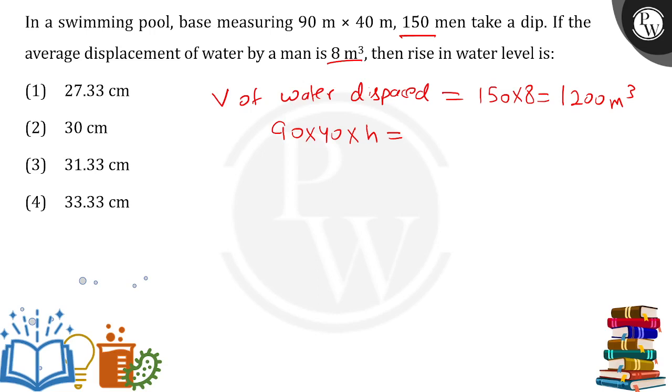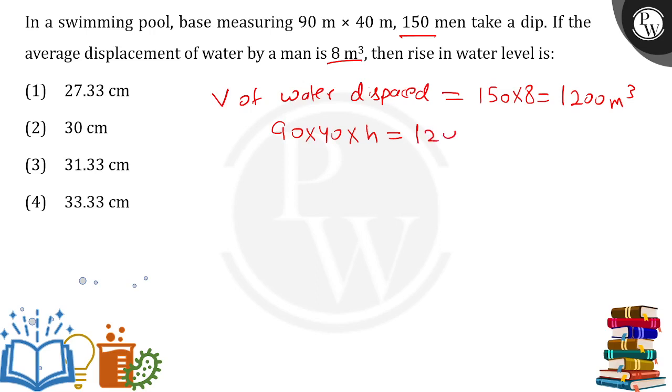And how am I calculating this height? The volume that has increased would have been increased by the people. So the volume of water displaced by these people is this much, so I'm equating it to the volume created by the additional height.